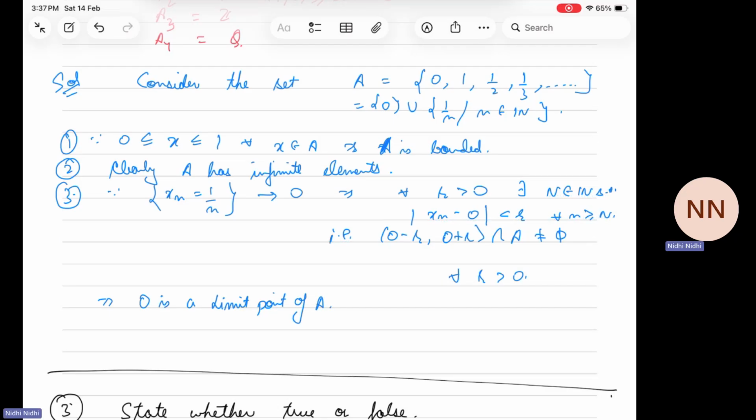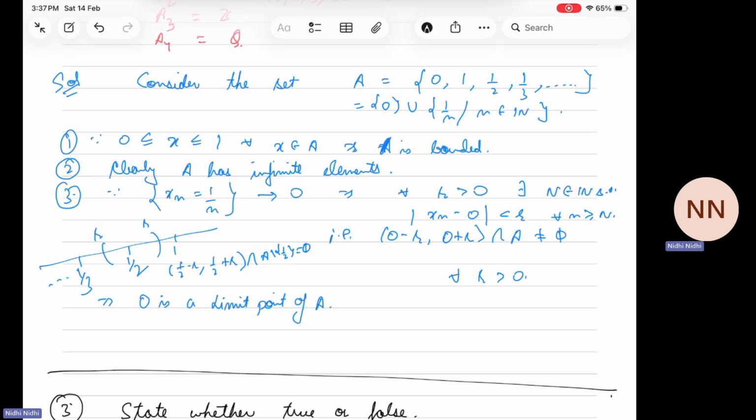One can easily check that for the points 1, 1 by 2, 1 by 3, and so on, we can always find an interval, some r, such that (1 by 2 minus r, 1 by 2 plus r) intersection A minus {1 by 2} will be empty.